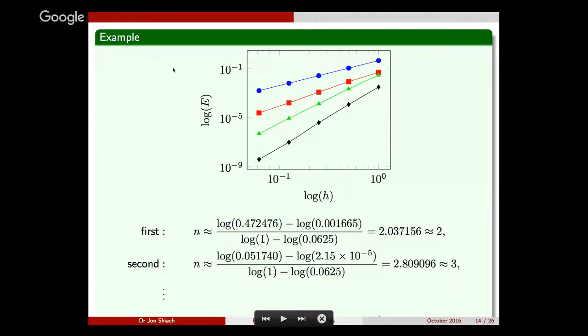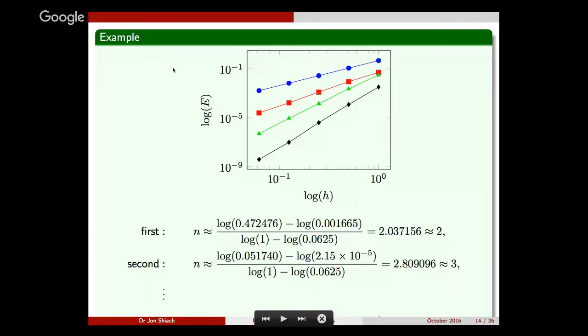It's sort of stretched the scale, and you can see that these now are straight lines. I don't know what's happened to that black one; it should be a straight line, but it looks slightly wiggly. The blue one, which is first order, as your step length decreases, the error tends to get smaller and smaller.